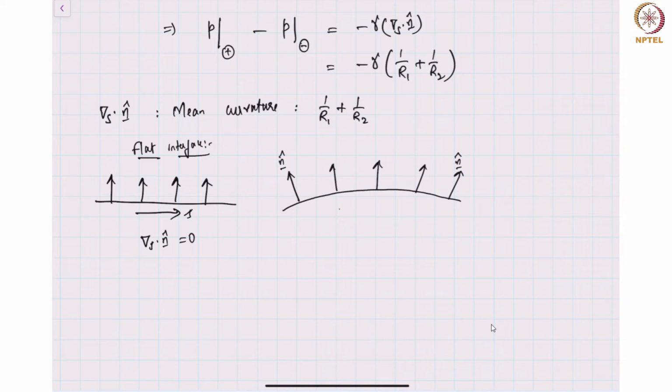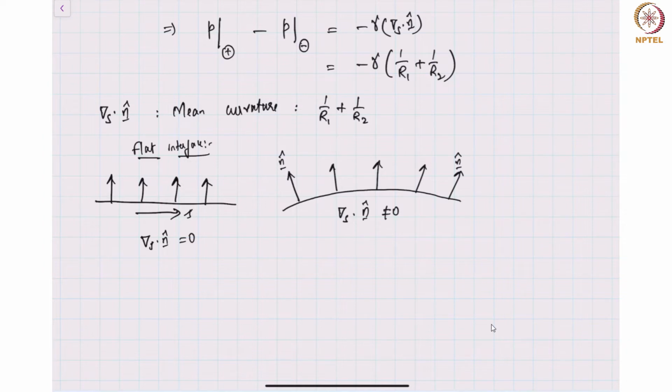Therefore, del s dot n in this particular case will not be 0 in general. There are always cases where even for a curved surface, the mean curvature can go to 0. We discussed this in the last class with the example of the catenoid, where the mean curvature is 0 because the curvatures are of opposite sign. Okay, 1 by r1 and 1 by r2 have different signs.